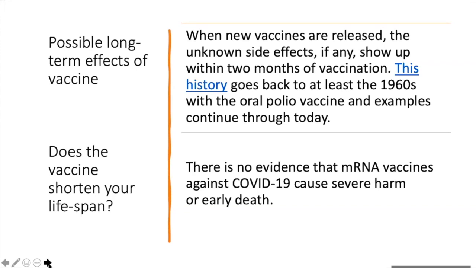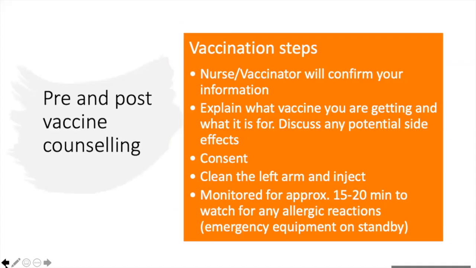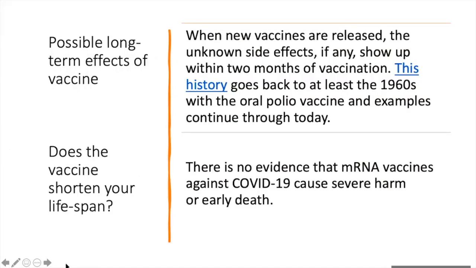There's a question: can a COVID-19 infected person become crippled or disabled? What COVID-19 can do is give you blood clots that cause a stroke.